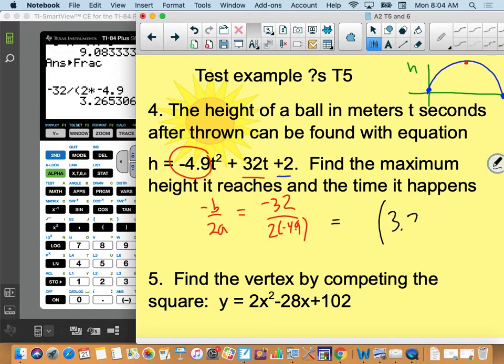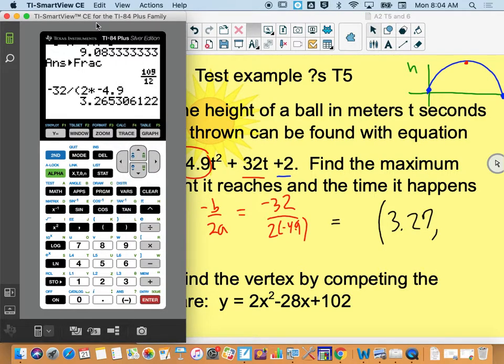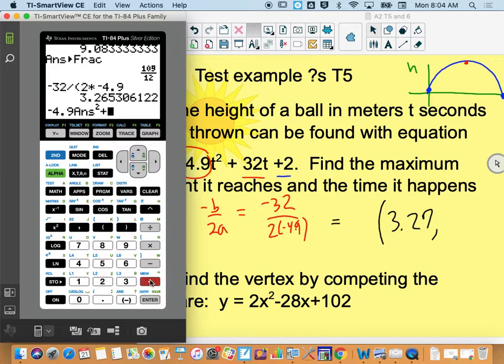It's 3.265306, we'll just round it to 3.27. And then, rather than use that rounded answer to get the y-coordinate, I'm just going to, again, use the last answer function or store that as x. So negative 4.9 times that answer squared plus 32 times that answer plus 2.